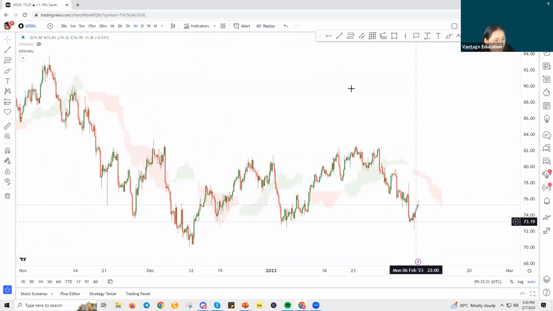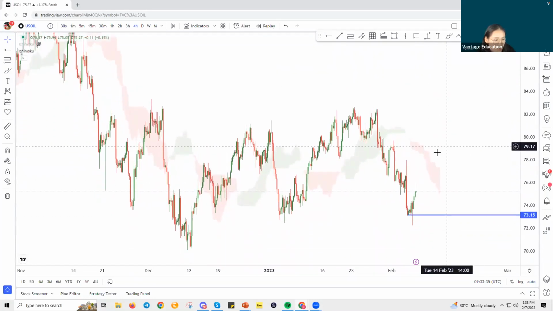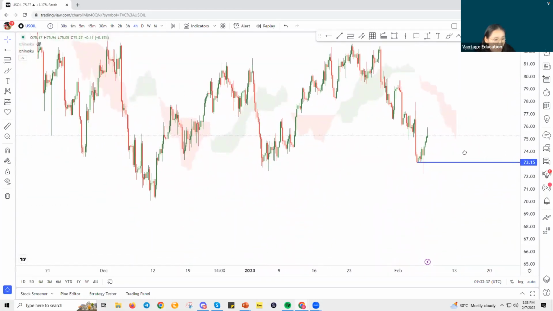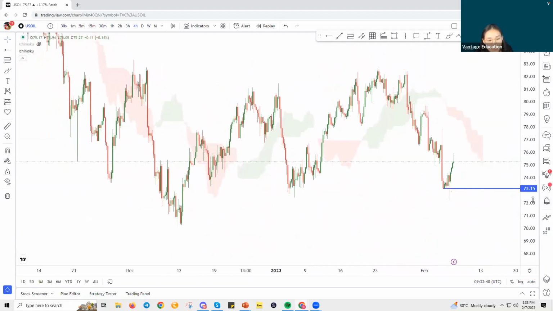Now on 4 hours, we can see price has recently bounced off of this support area at 73.15. Like I mentioned earlier, we want to see if we can pull it back as far as possible. So I can pull it back here.